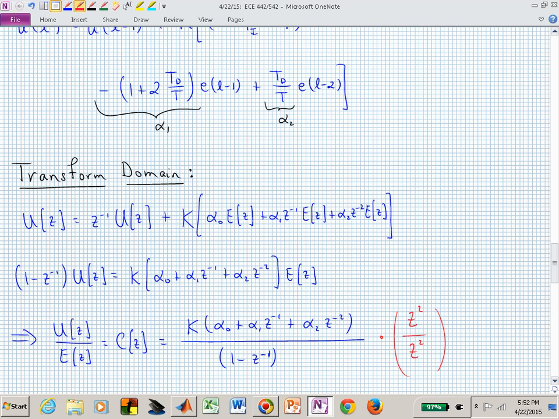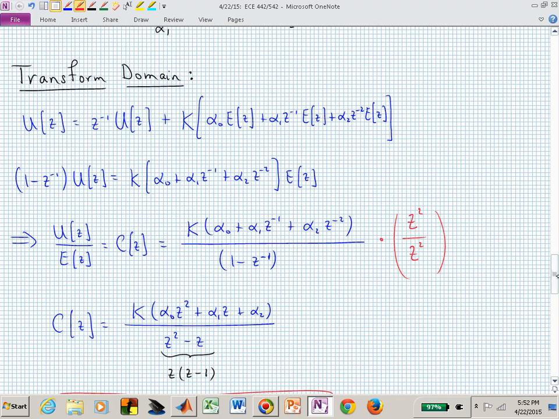So my magic 1, I'm going to write as Z squared over Z squared. If I push that through the numerator and the denominator, downstairs I have Z squared minus Z, and upstairs I now have alpha sub 0 Z squared plus alpha 1 Z plus alpha sub 2. And now you can think of how you would factor that.